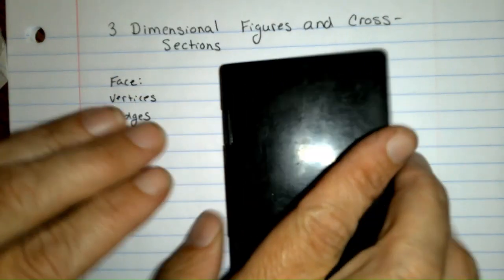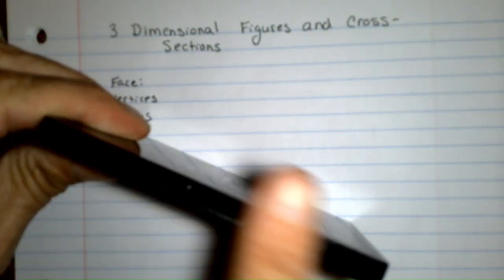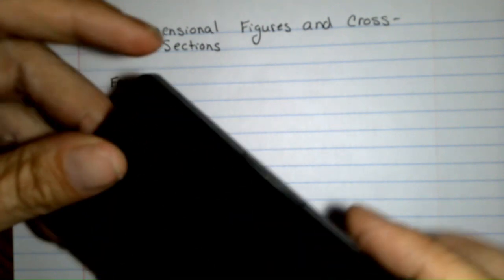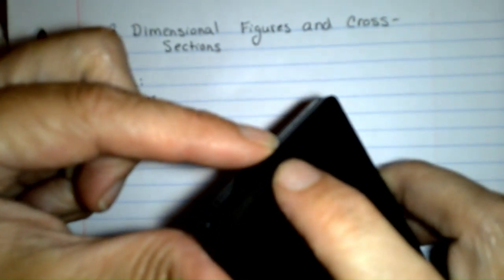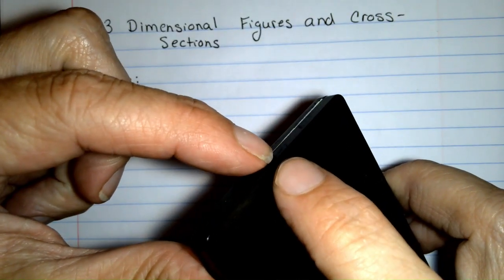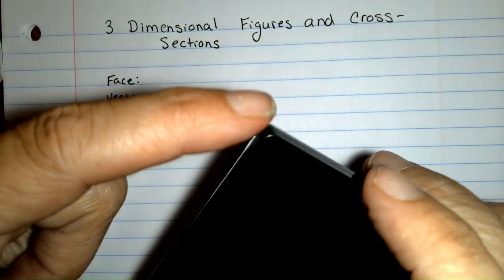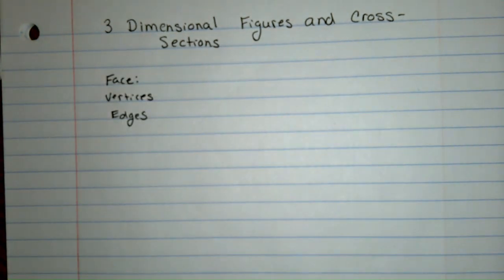So this would be considered a face. That's the flat part. This right here is also considered a face. The edges are actually this part right here where two faces come together. That would be an edge right here along the seam. And then your vertices are your corners. So keep that in mind.